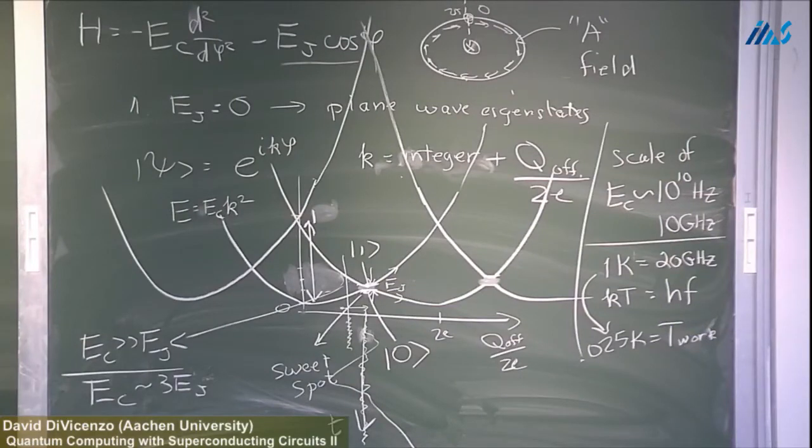In principle, you can be far enough of that point, right? Because the first day you said that this Q offset was some kind of noise. Yes. So if you don't control it, you can always be easily far away from that point. Yeah. Okay. The trouble is, if you want to know the phase of 0 relative to 1, you would have to know the whole history of that fluctuating offset charge.